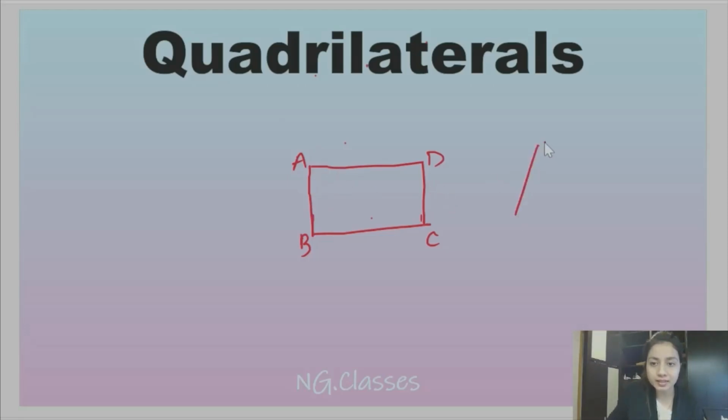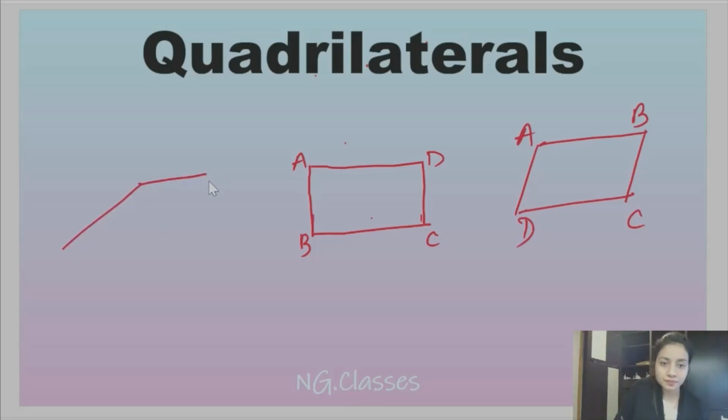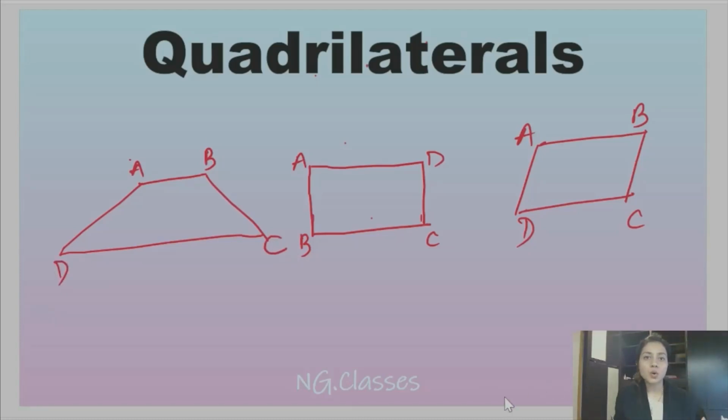It can be like this as well. Right? A, B, C, D. Okay? It can be like this. A, B, C, D. So these are quadrilaterals.